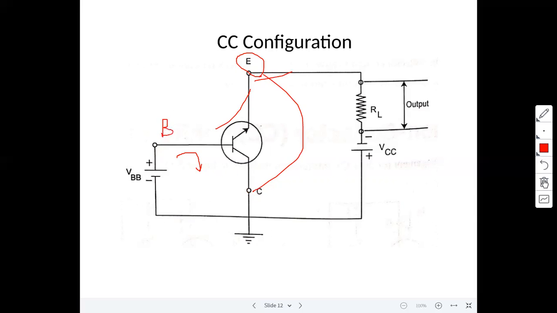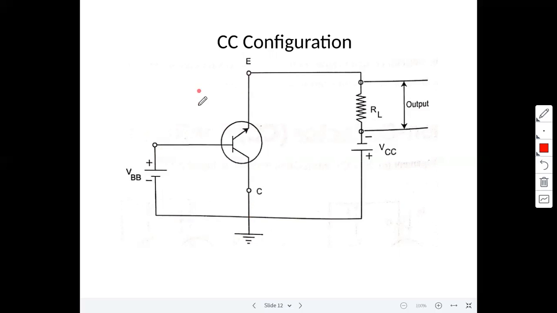Now this is the simple representation of CC configuration. The terminal that is common to both input and output is connected to ground.